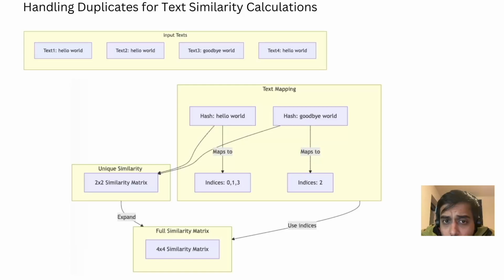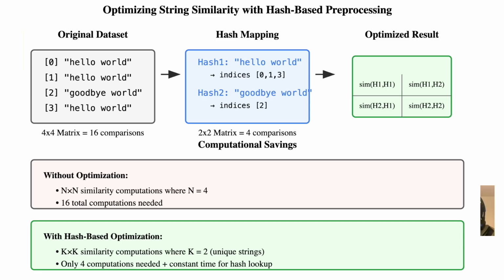My suggestion was, instead of comparing every string pair in the large dataset, we could first pre-process the data to identify unique strings by using hashing or text mapping. So we can map each string to a unique hash value.